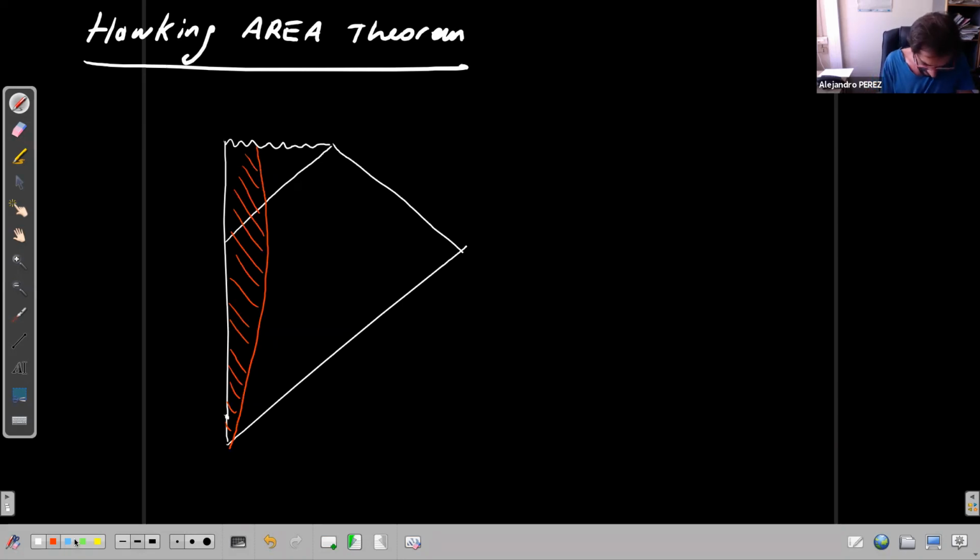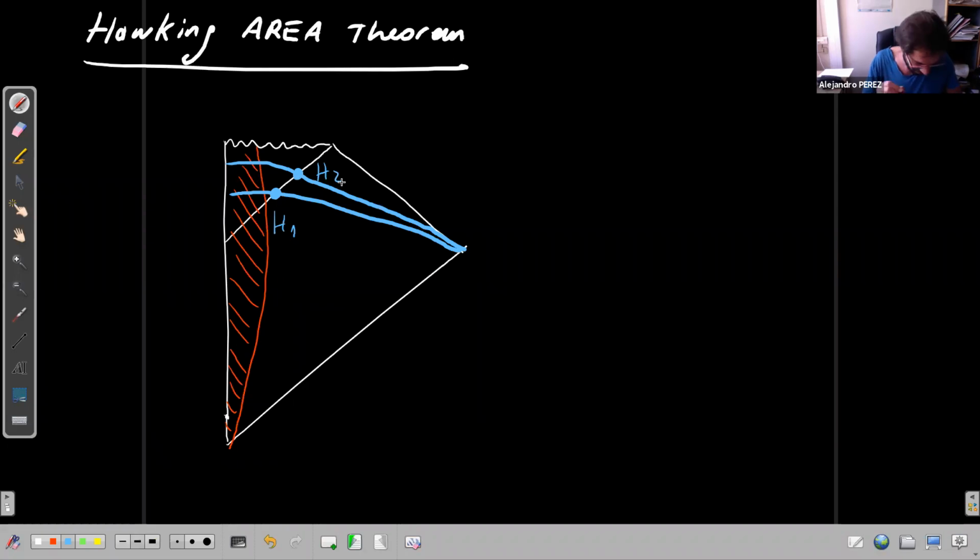Now, if you consider Cauchy surfaces that represent different instants of time, the intersection of the Cauchy surface with the black hole horizon is a two-surface. Let me call these two surfaces H1 here and H2. I'm considering two different instants of time.